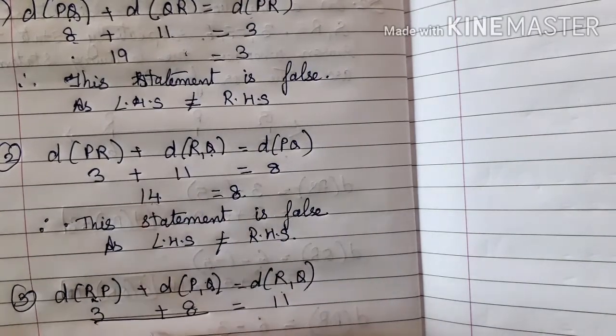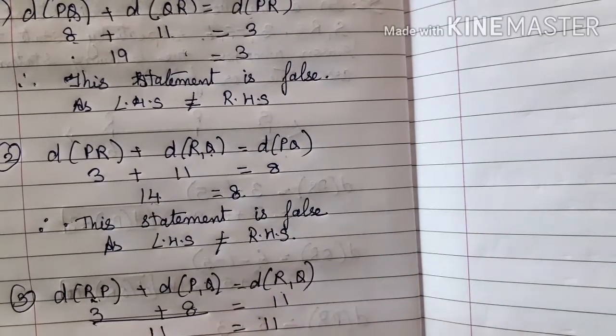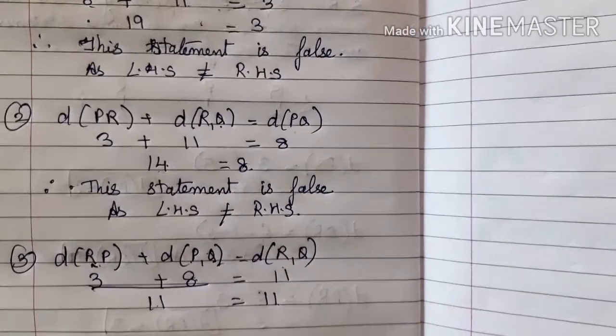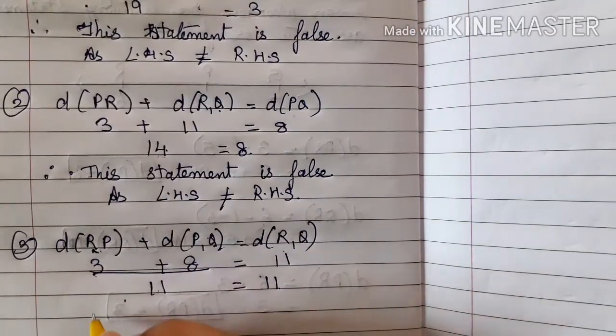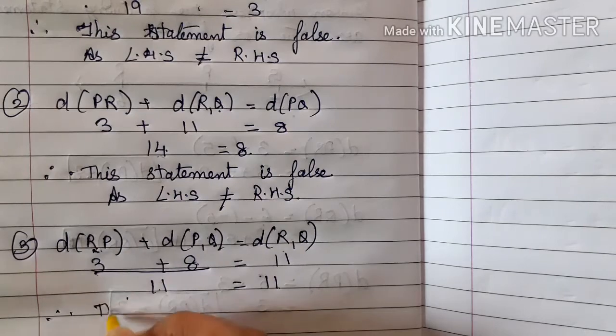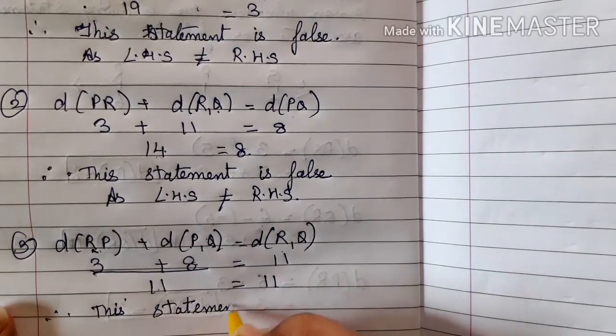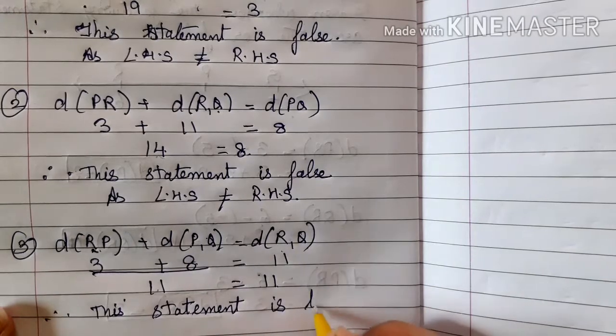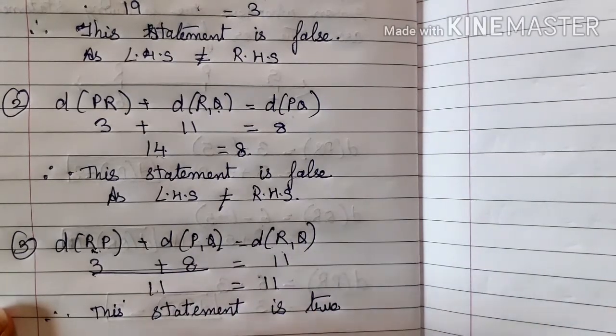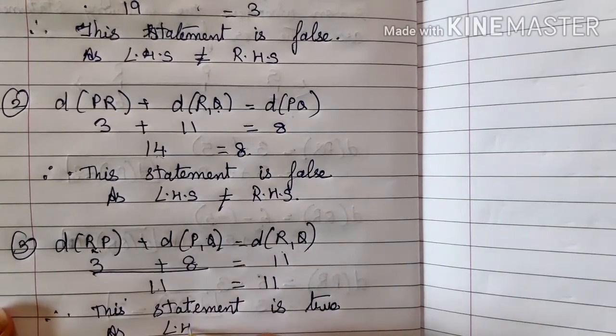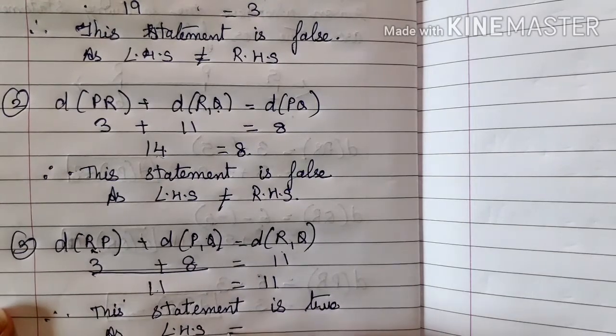So 8 plus 3 will give you 11. Now over here left hand side and right hand side both are equal. So this statement is true, as left hand side is equal to right hand side.